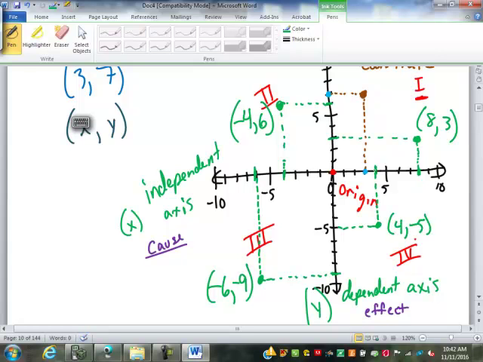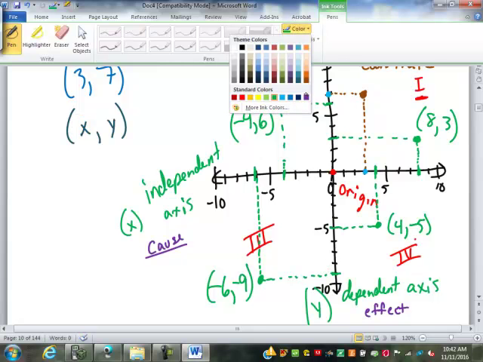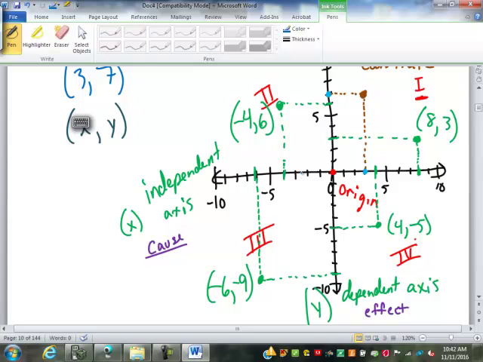Good. On the horizontal, it's at 4. On the vertical, it's at -5. A little bit trickier. What's that point? It's at -3 for the horizontal. Vertical, it's at 0. Perfect.